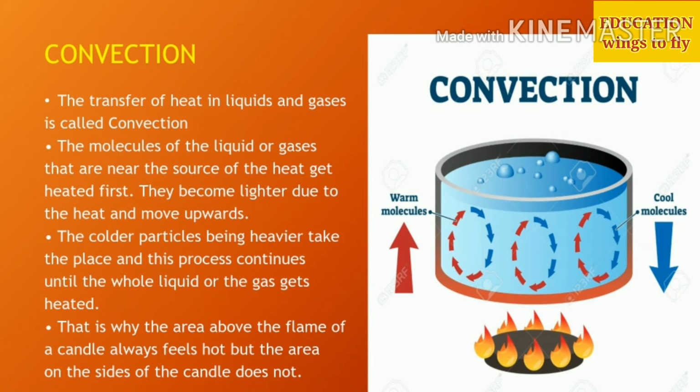The colder particles, being heavier, take their place, and this process continues until the whole liquid or gas gets heated. That is why the area above the flame of a candle always feels hot, but the area on the sides of the candle does not.